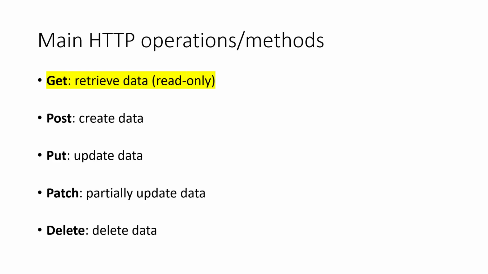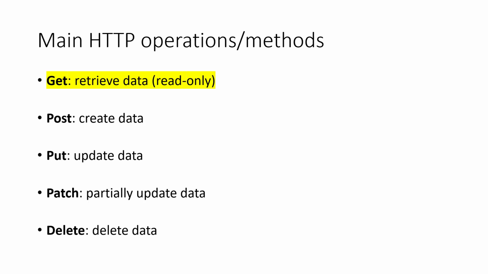Let's also recap on the HTTP operations. In the previous videos, we've been using the GET method to retrieve data. As you may recall, when we executed the request, we weren't sending any data to the API. That's because we are only retrieving data, and the GET operation is a read-only operation.